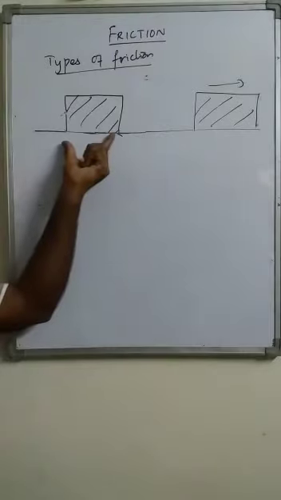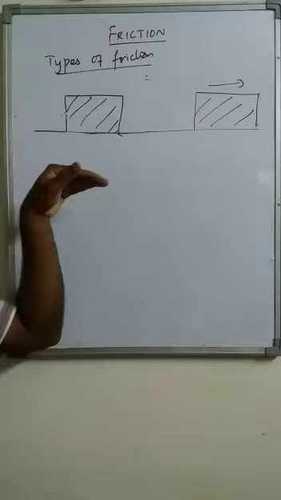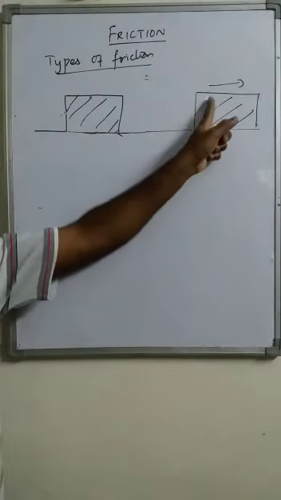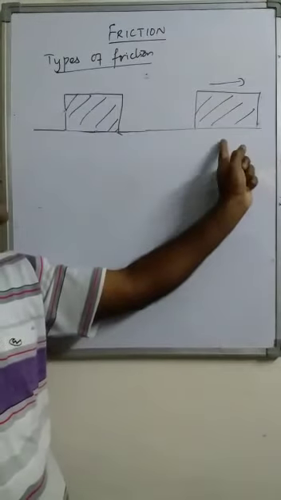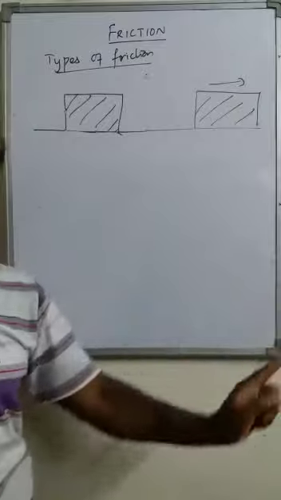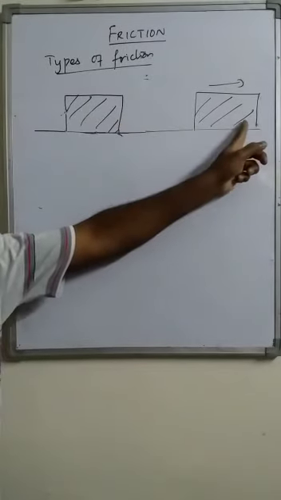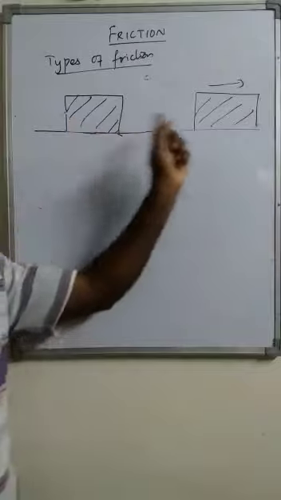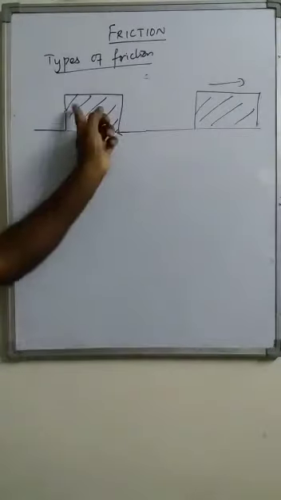Here, in the static case, the same surfaces of ground and block are in contact continuously. But here the surface of contact is changing. Because of the change of surface of contact, the two surfaces get less time for the interlocking. Because of the less time for the interlocking, the friction is less than the static friction.